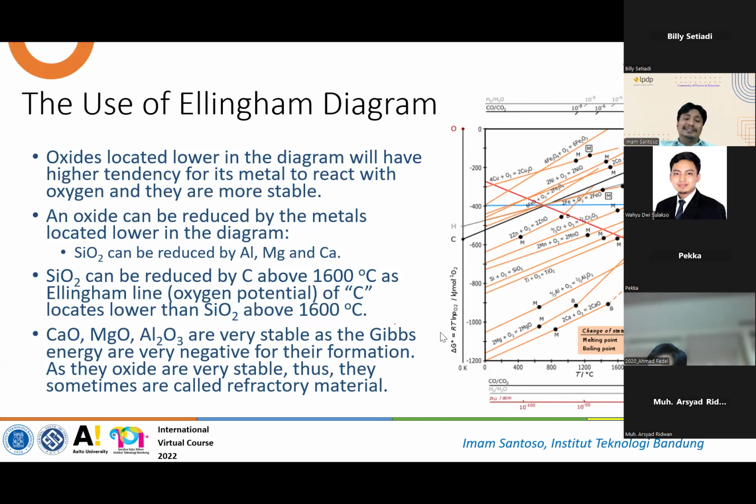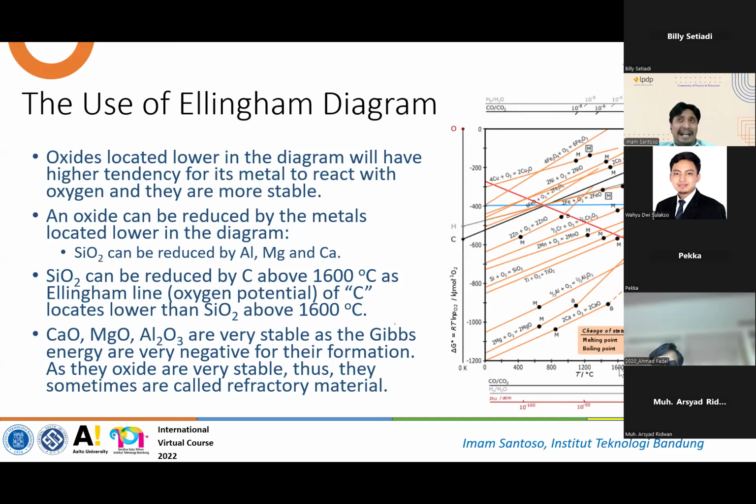Okay, next question. You can see that you can reduce aluminum oxide with carbon to become aluminum, but above 2000. The question is, can we still reduce aluminum oxide with carbon but below 2000?